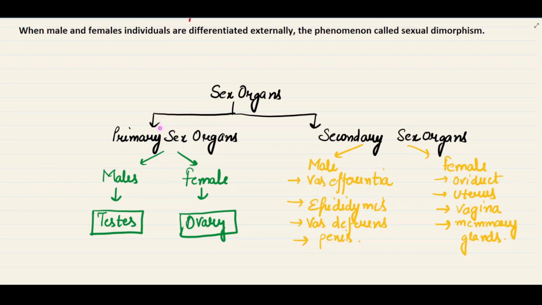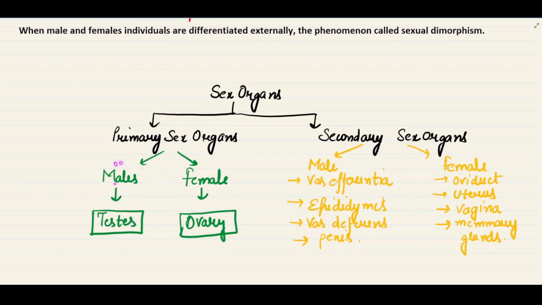In males the male gamete is there and in females the female gametes are there, and those organs which form the male or female gametes are called the primary sex organs.